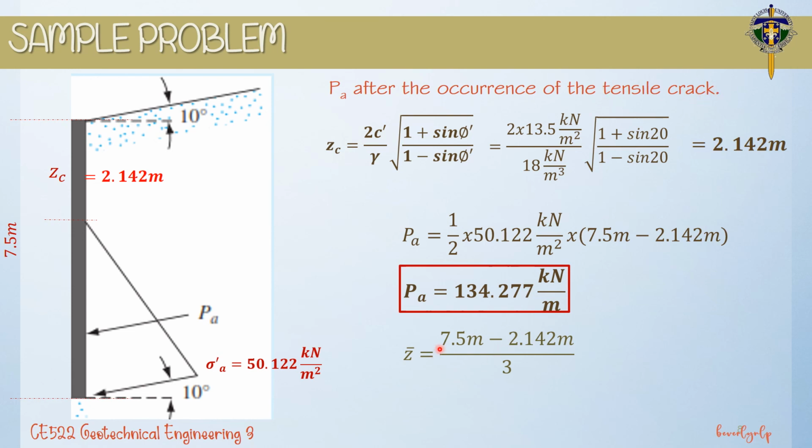So that becomes 7.5 minus this distance, the total length minus this distance, so that we are left with just this height divided by 3. So z is equal to 1.786 meters from the bottom of the wall. So if we are going to plot this from the pressure diagram, this is the distance, 1.786 meters from the bottom of the wall. So there our resultant force acts.